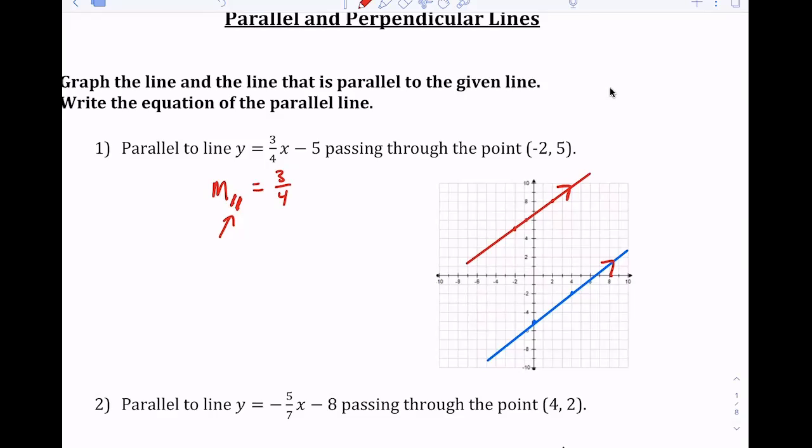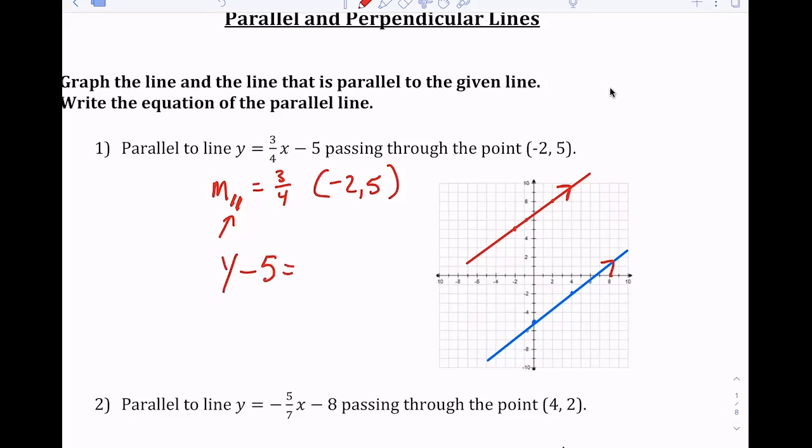Now what point did it pass through? That -2, 5. Now someone who was here yesterday can tell me what the equation of the parallel line is. William, you think you got this? Yes. The equation will be y minus y1. What's y1? 5, right?